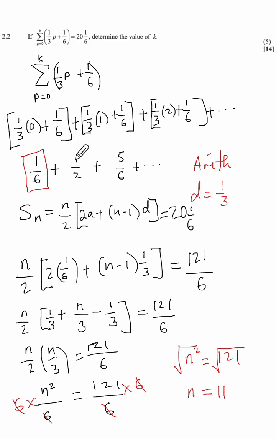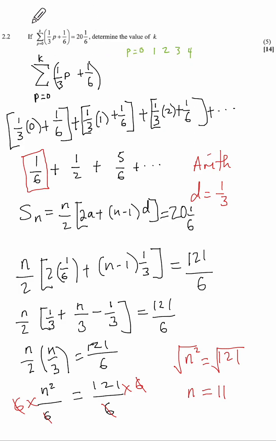The second term comes from p equal to 1, and then the third term comes from p equal to 2. So we had p equal to 0, that was the first one, then p equal to 1, p equal to 2, and if you keep going, p equal to 3, p equal to 4, to get 11 terms in our arithmetic series, and you add that all up, you would get this sum.